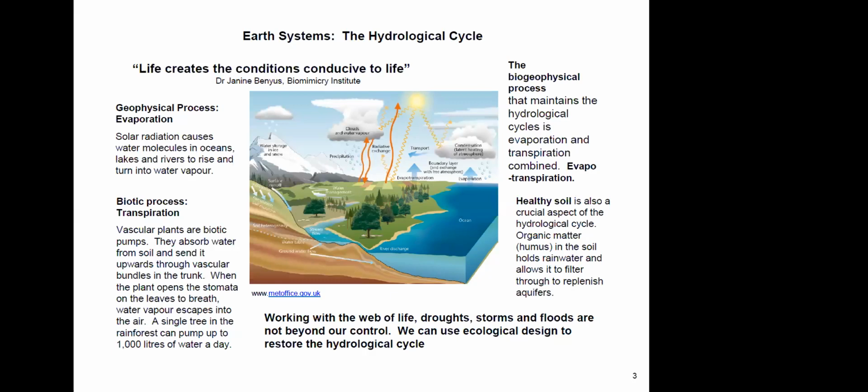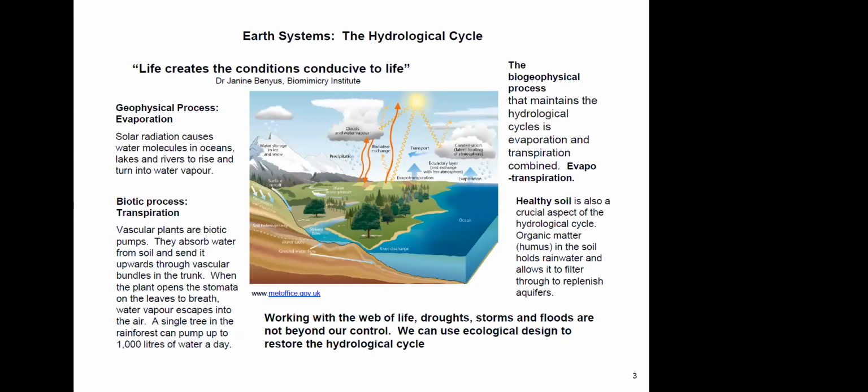As they do, the water vapor escapes into the atmosphere. Now, as Nobre points out, a single tree in the tropics can actually pump up 1,000 liters of water a day. And so if you have a lot of trees, that's a lot of water that's being sent back into the atmosphere, not through the physical laws, but through biology.